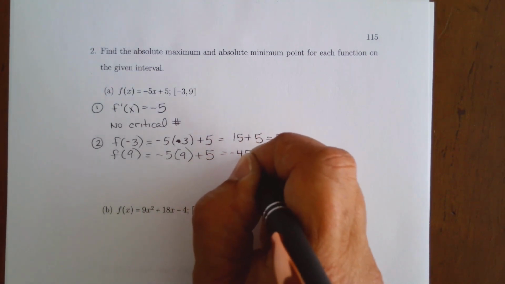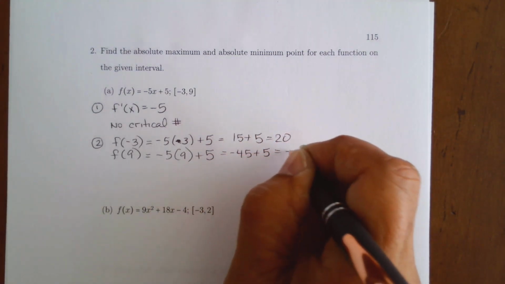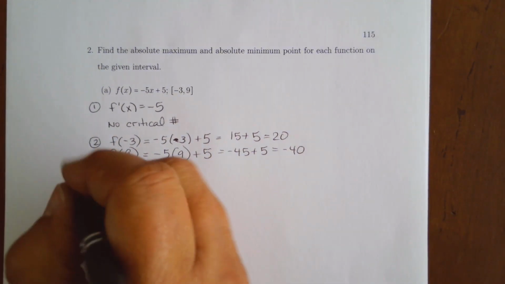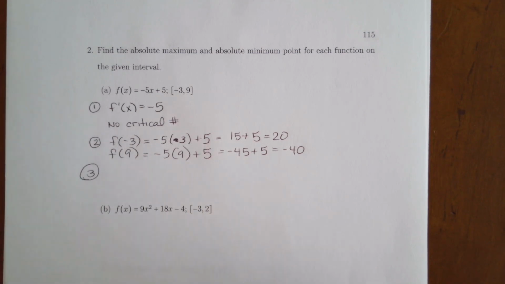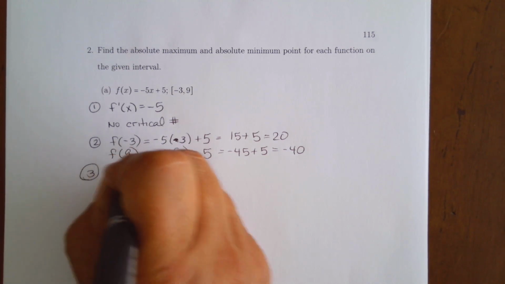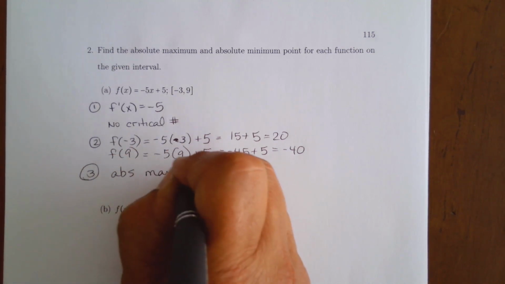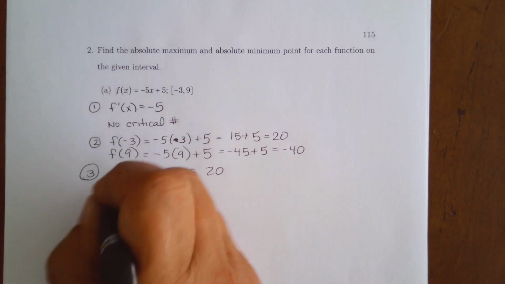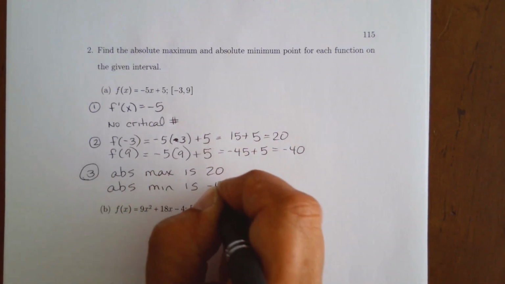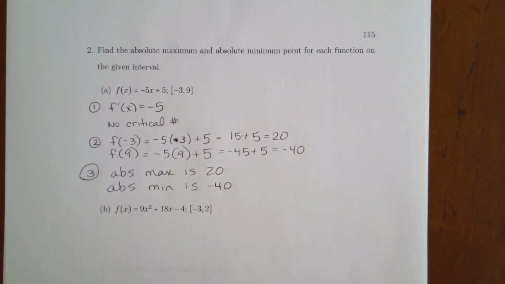That's -45 plus 5, which is -40. Okay? And then step 3 is to pick out the largest and smallest values. Well, we only got 2 numbers, so that's pretty easy. So our absolute max is 20, and our absolute min is -40. Okay? So those are the 3 steps looking at a function.